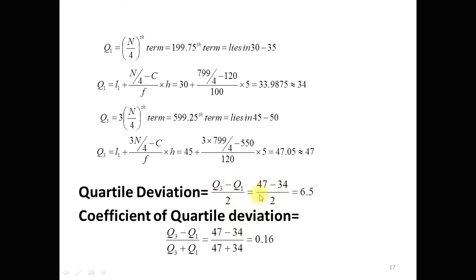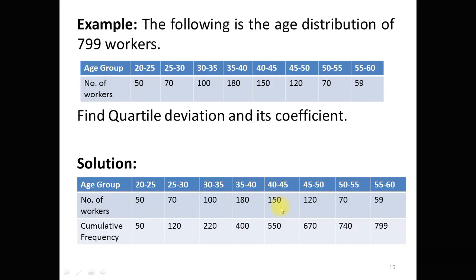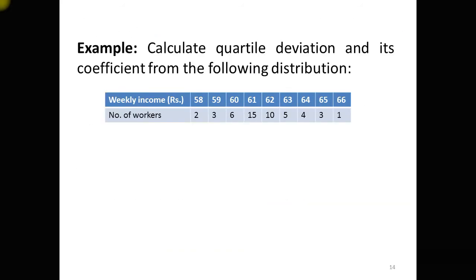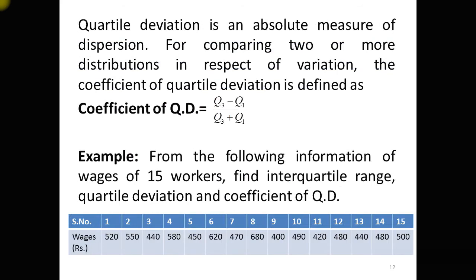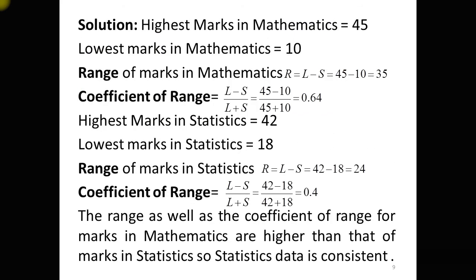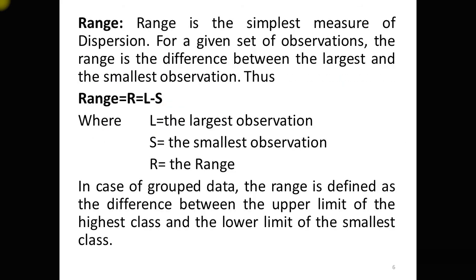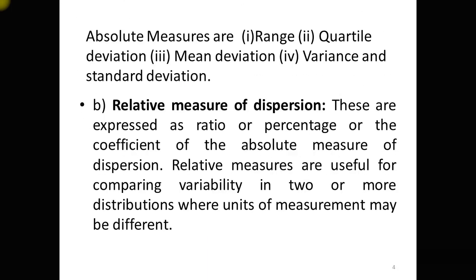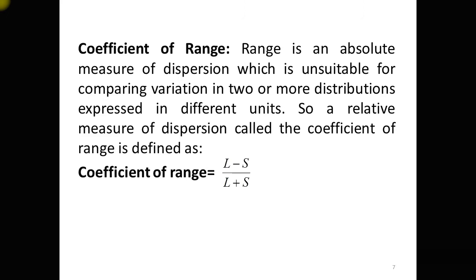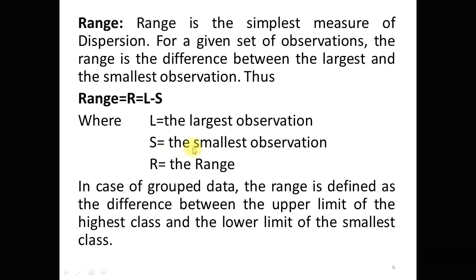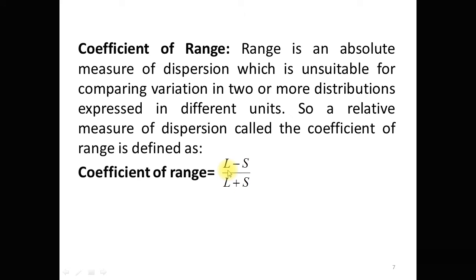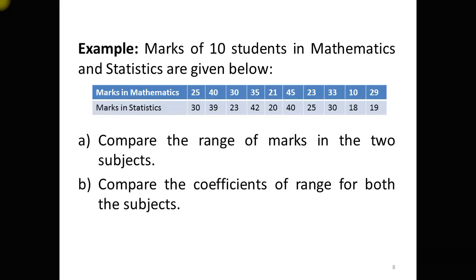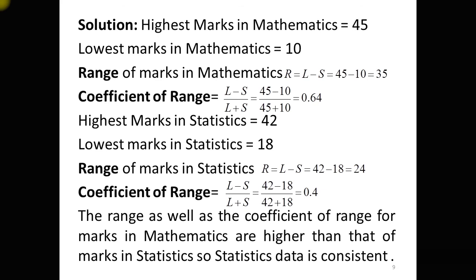So dear students, the conclusion of this lecture is how we can calculate the range in ungrouped data and grouped data. Like you see over here, for the ungrouped data and for the grouped data, we can calculate the range. Range for ungrouped data is equal to the largest value minus the smallest value.